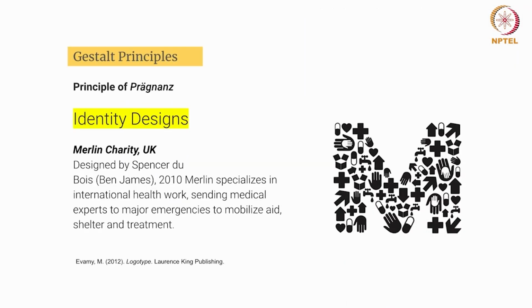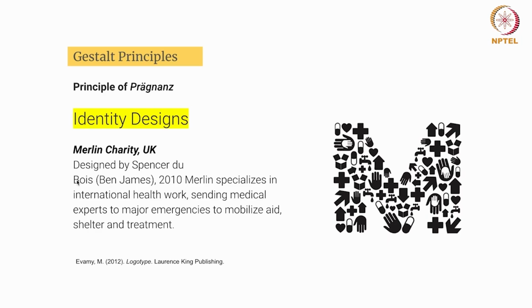Again, with the same idea, this is another logo design where you can see how the anatomy of M has been taken into consideration. And within this, you can easily see how the anatomy includes some symbolic representations of medicine, and home, and even hands, tap water.